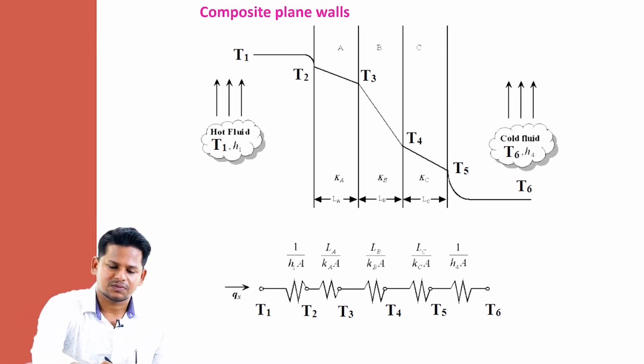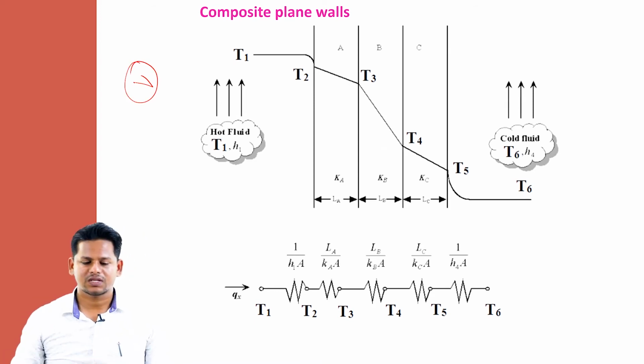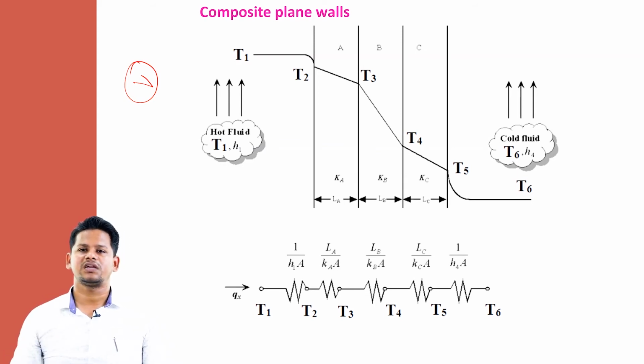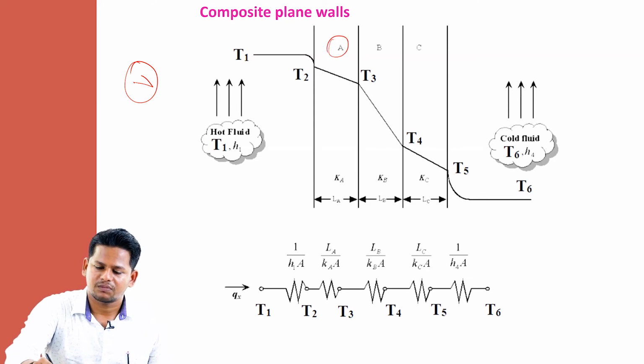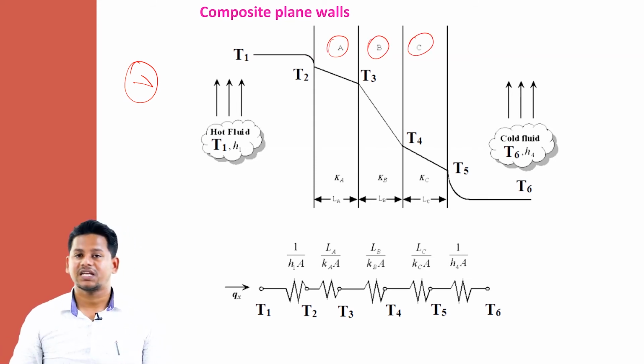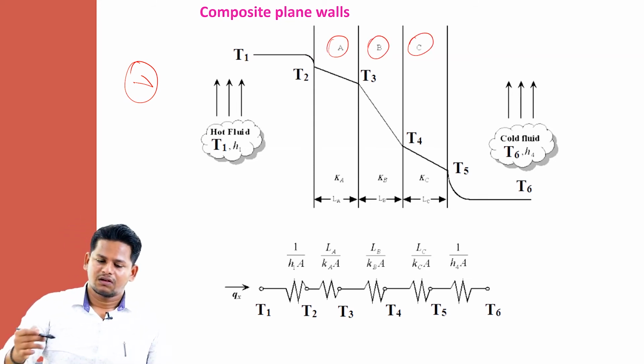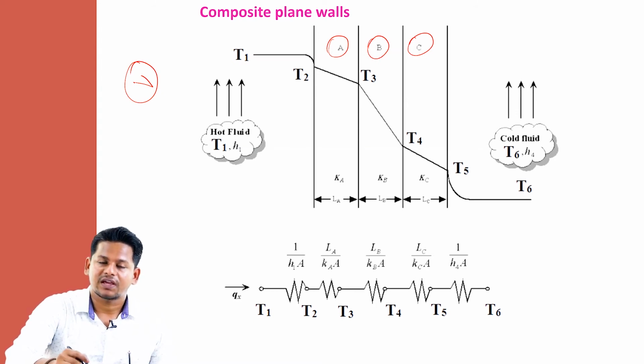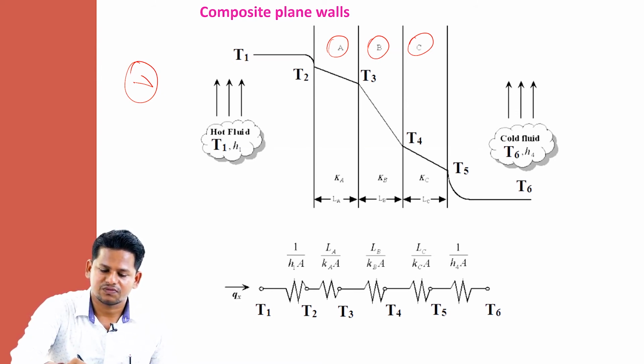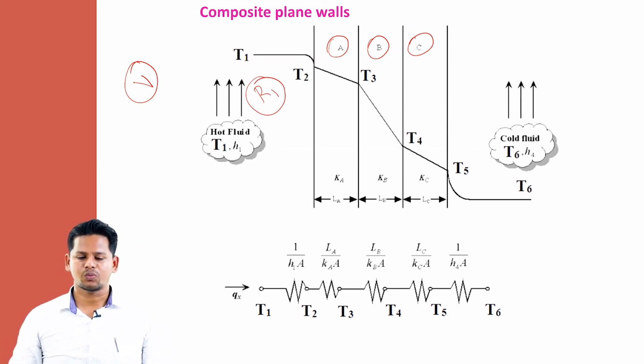Next, the final case study is the fifth one. In this we have convection as well as conduction, with 3 materials: A, B and C. Listen carefully. First, the heat transfer mechanism is convection, so we have a thermal resistance R1.